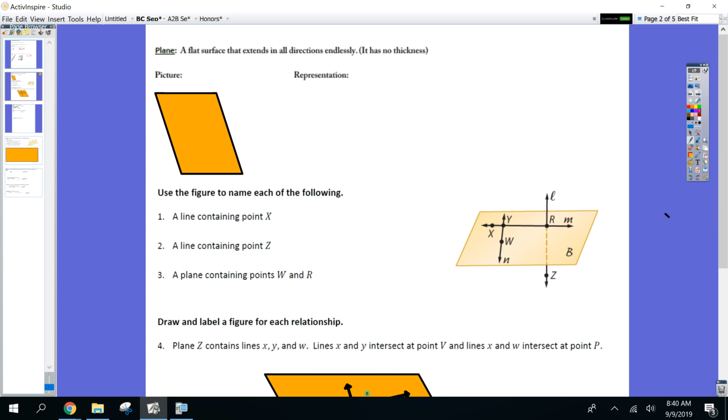Plane. Now, if you look at the definition, a flat surface that extends in all directions endlessly. I can't draw that. Something that goes endlessly in all directions. So what you could think of a plane as is a sheet of paper. That's how I think of a plane, a sheet of paper. Inside this plane, you could have points, you could have lines.